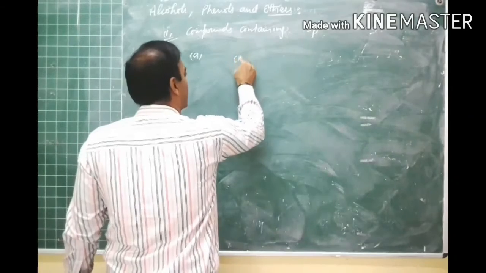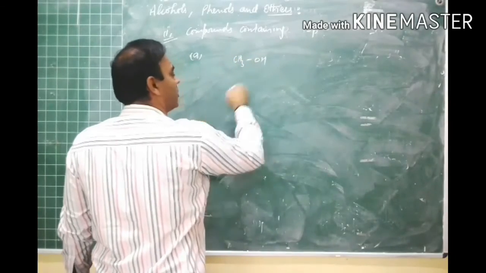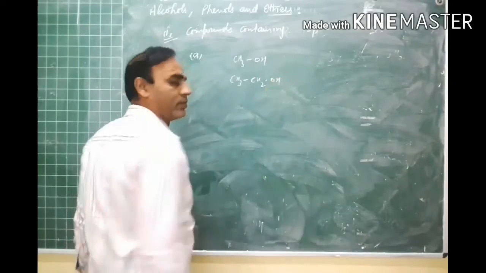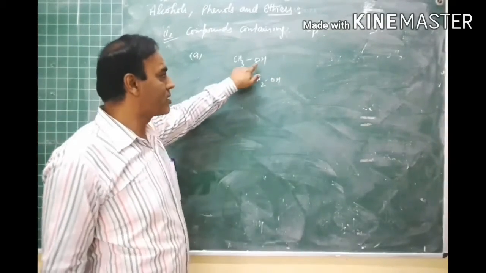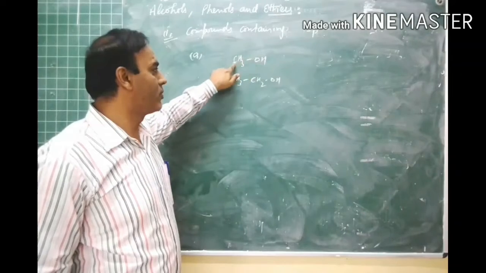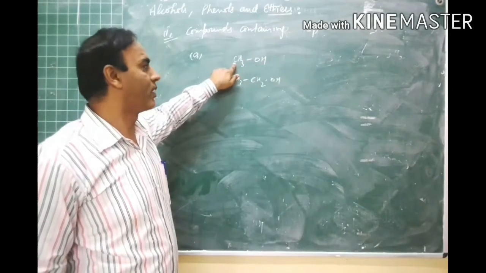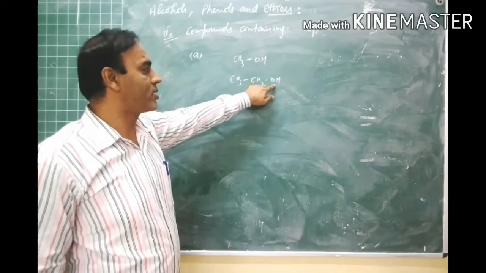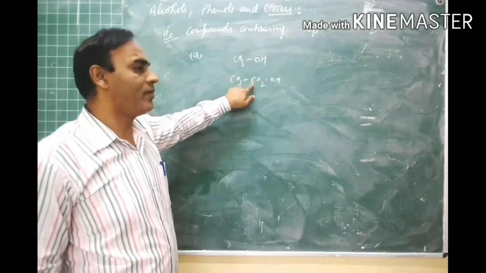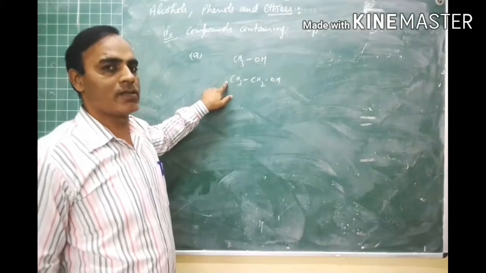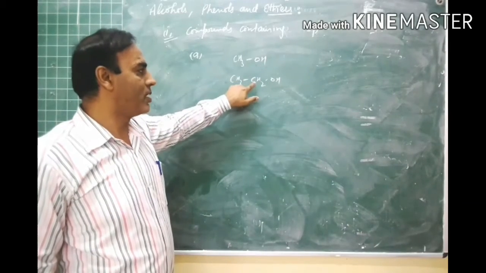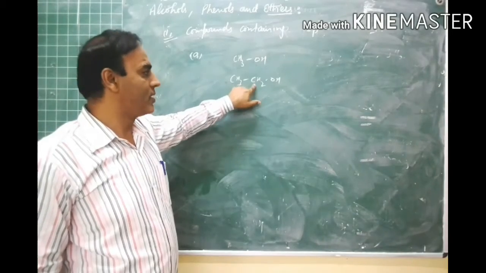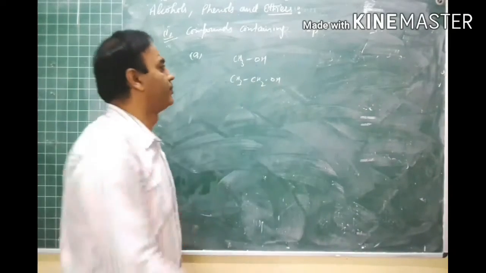That is CH3OH. This is primary alcohol. This is also primary alcohol, right? Because in this the OH group is bonded to a carbon atom which is bonded to at most one other carbon atom. So this carbon is 1 degree carbon, that is primary carbon. So this is known as primary alcohol.